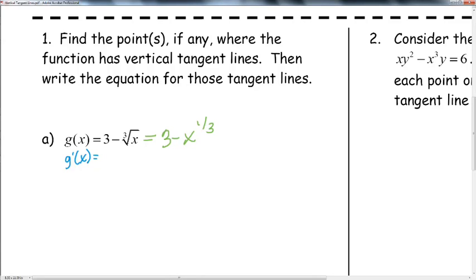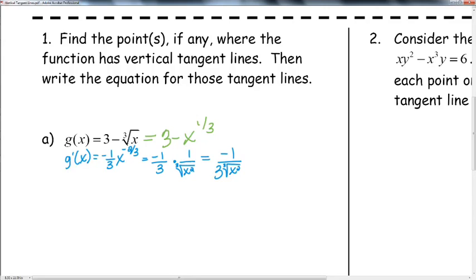The derivative of negative x to the 1/3 gives me negative 1/3 x to the negative 2/3, which is saying the same thing as negative 1/3 times 1 over the cube root of x squared. So this is essentially negative 1 over 3 times the cube root of x squared.